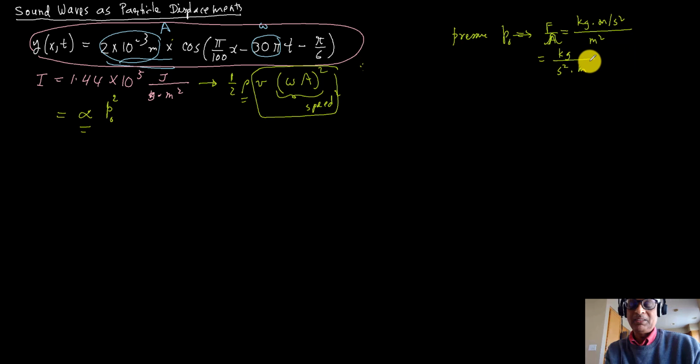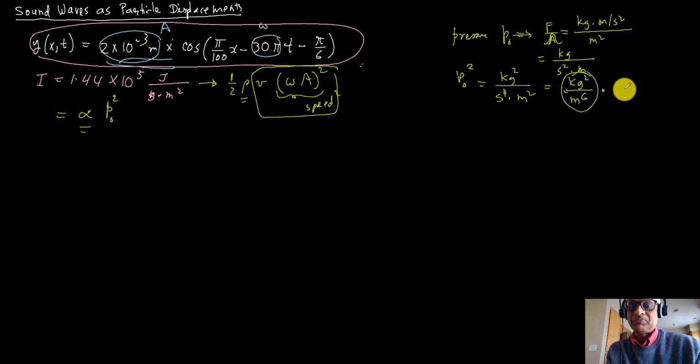So somehow I need to introduce that. If I do P0 squared, I will get kilogram squared over second to the power 4 times meter squared, and I can see it's going to go to kilogram squared over meter to the power 6, so that I can get a density squared, right?